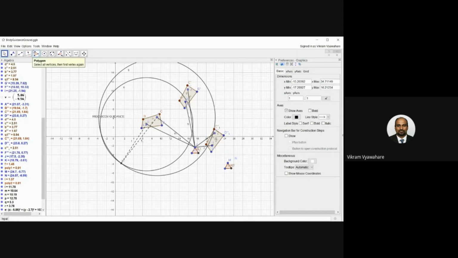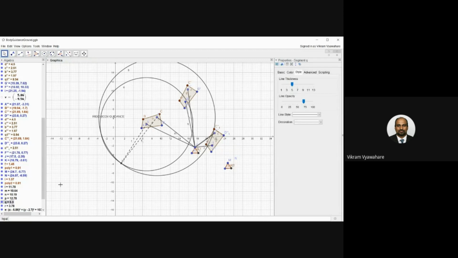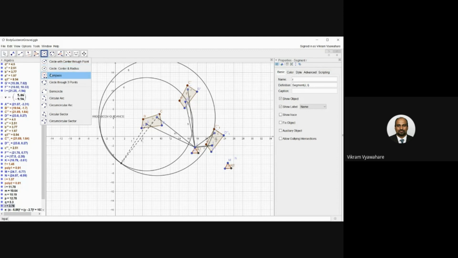How about the third one? So 5.3, that is the length. I need to draw this. Right, this first point moves here. So this is corresponding to the first point. So it should be 3.78. I don't make any mistakes.